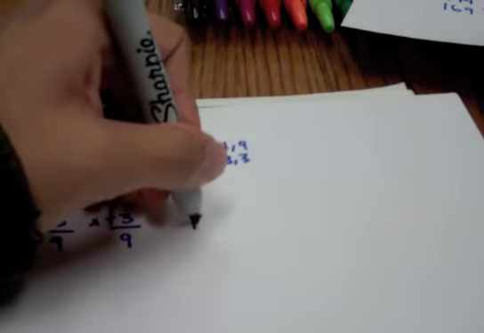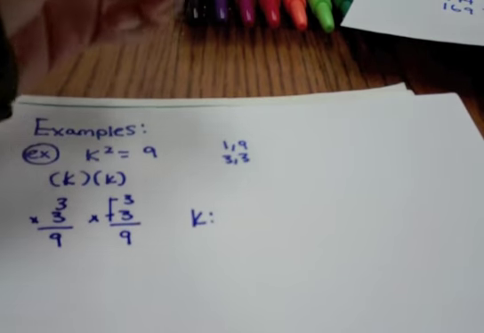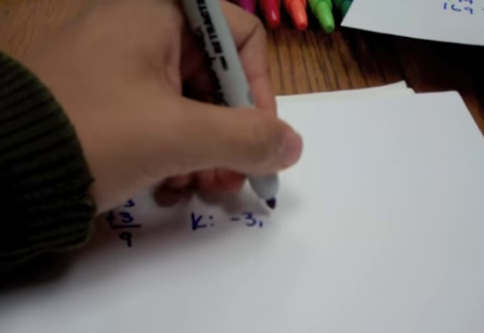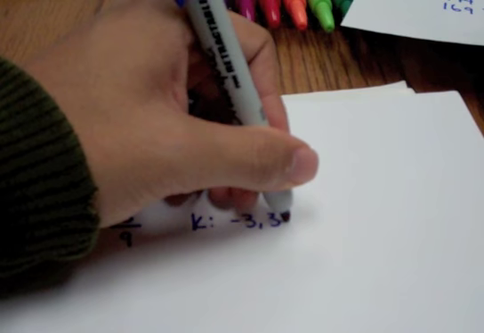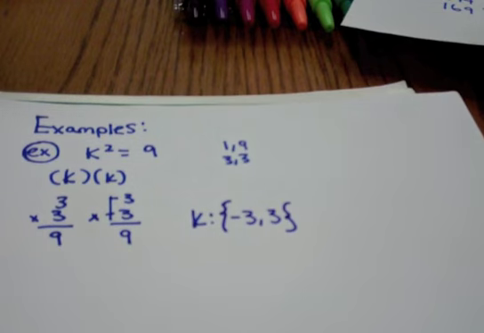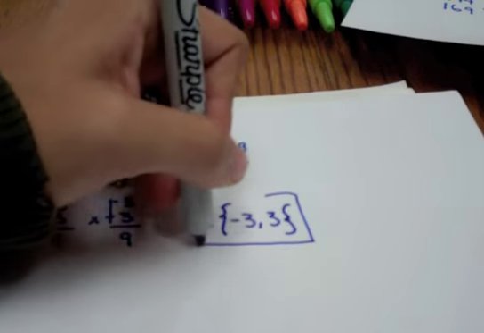So we can say for k it's going to be negative 3 or 3. And that would be your solution here.